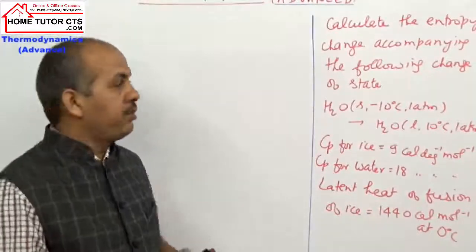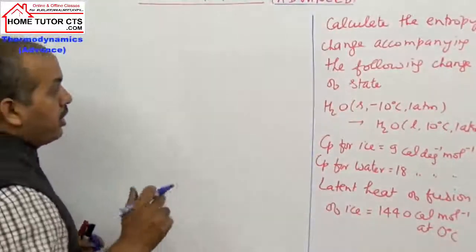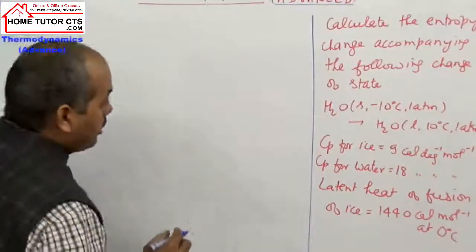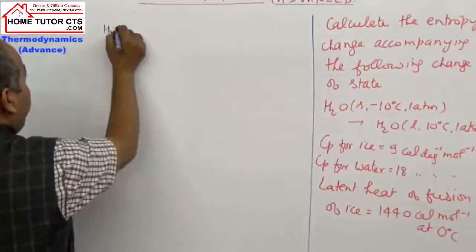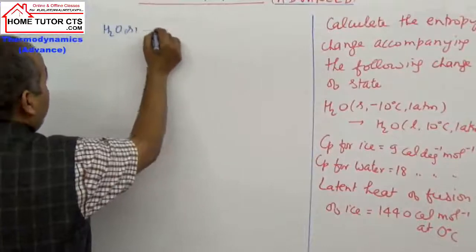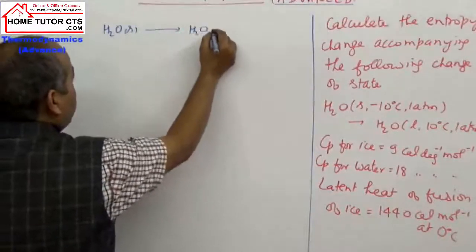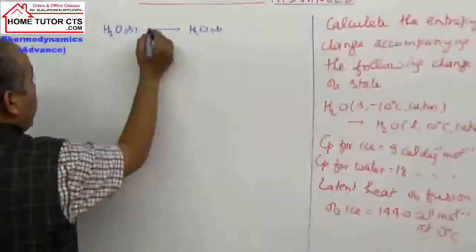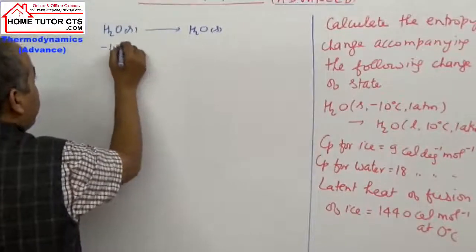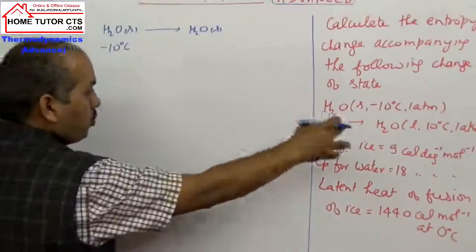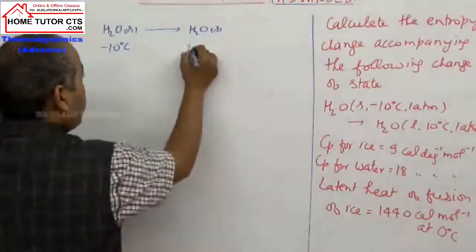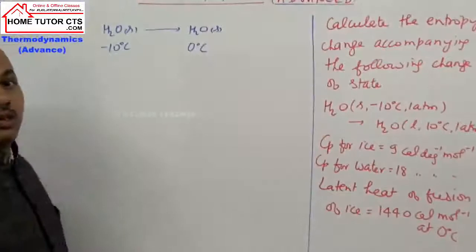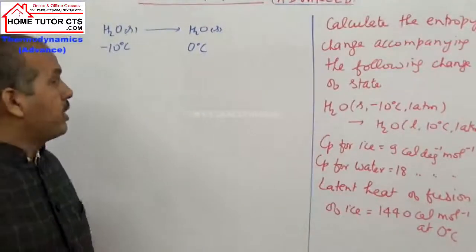Now coming on the solution part of this question, this reaction happens in 3 steps or 3 stages. What are the 3 stages? First, ice solid at minus 10 degrees Celsius. Pressure is the same throughout, 1 atm. So when pressure is constant, we can take pressure constant expressions.